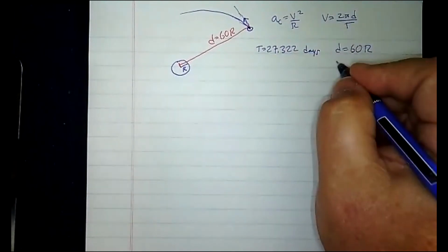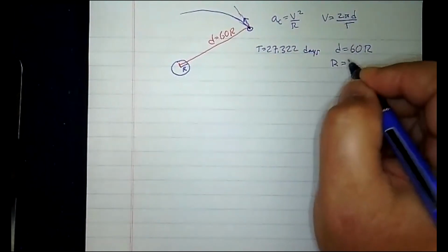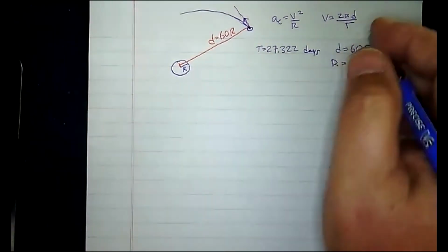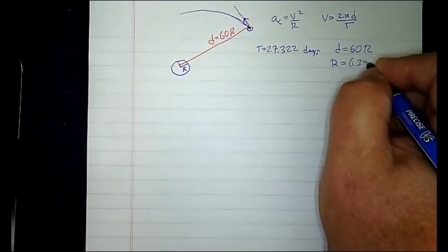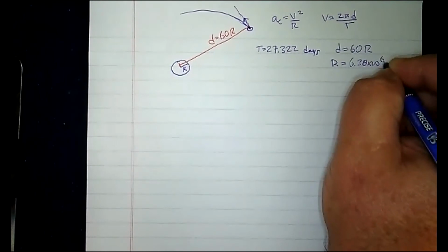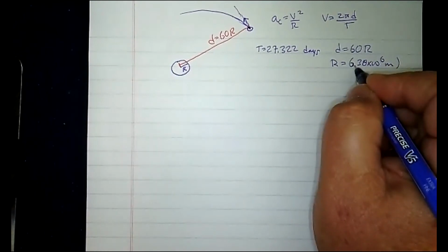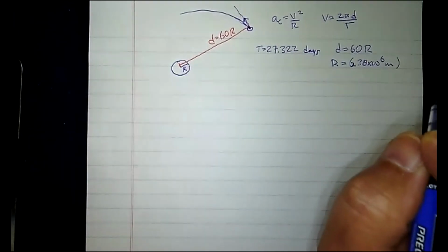The Earth radius, by the way, is approximately 6 times 10 to the 6 meters, which is a nice, easy thing to remember. But I'm going to try to get a little better result by using the exact value, and that is the Earth's radius is 6.38 times 10 to the 6 meters. You'll see in your book it says 6.38 times 10 to the third, but that's in kilometers.